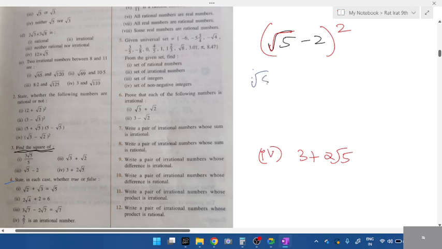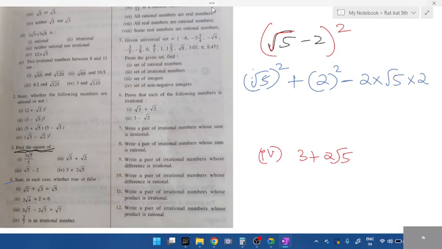What about the formula? Tell me root 5 the whole square. Start like that. Is there a root there? Is root given? Next.